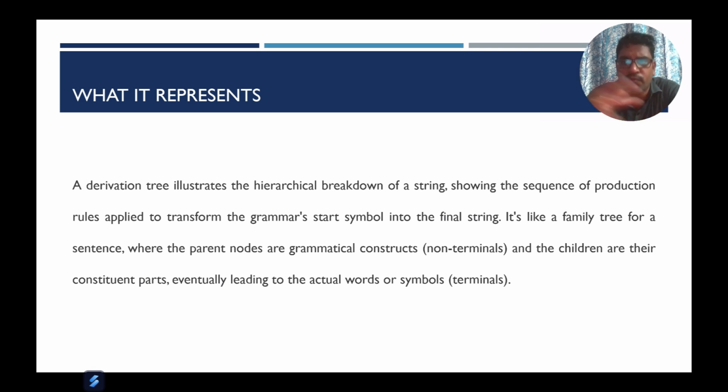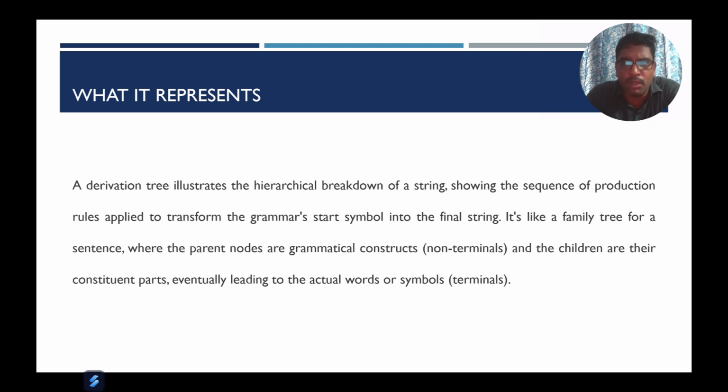Right, we have the set of productions. By substituting those productions to generate a string, it's like a family tree for a sentence, where the parent nodes, or grammatical constructs, are non-terminals, and the children, or their constituent parts, eventually lead to the actual words or symbols, which we can call terminals.